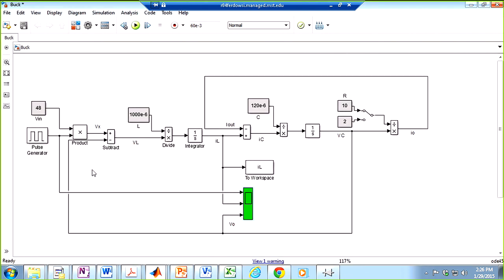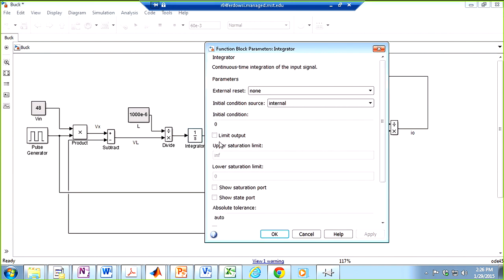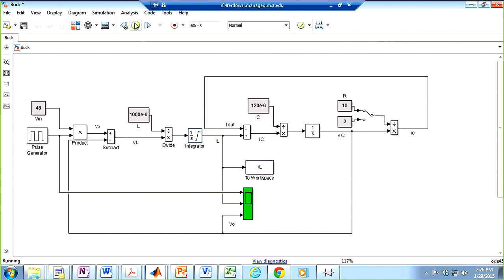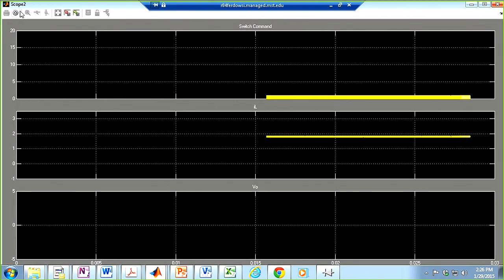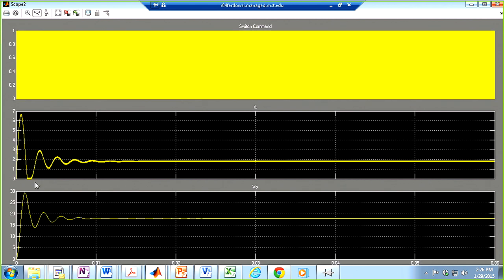In order to eliminate that, you can make sure you have a lower limit of 0 for your inductor current. So you can see what difference it makes. Now you can see the inductor current doesn't go to the negative areas. It's more realistic, basically.